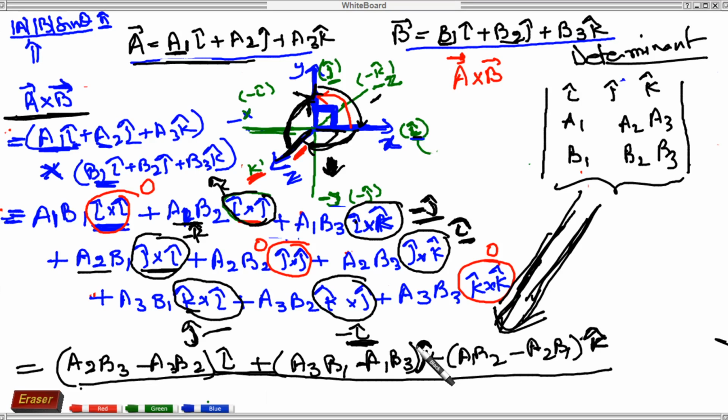So the dot product gives you the magnitude only, that's a scalar quantity, and the cross product gives you a vector quantity. You can see the cross product is a vector quantity because it has i, j and k, which show the direction of this vector.